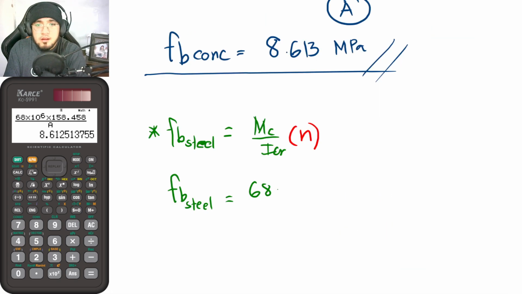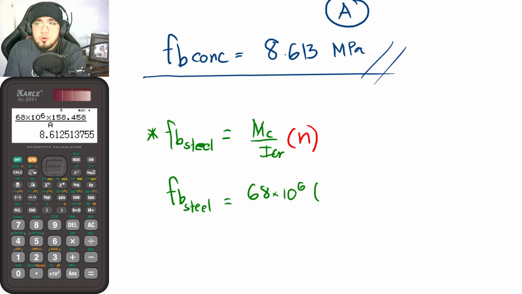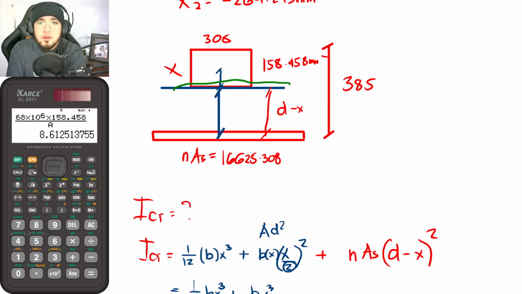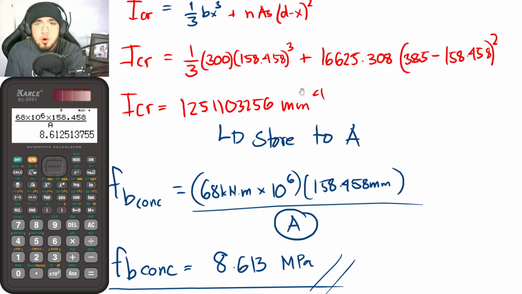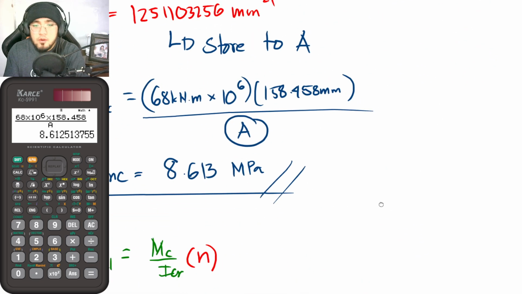68 times 10 raised to 6 times the value of C, and the value of C must be the distance from the neutral axis up until the centroid of the rebars, and that is d minus x. So our d is 385 minus x, and our x is, what was that again? 158.458.